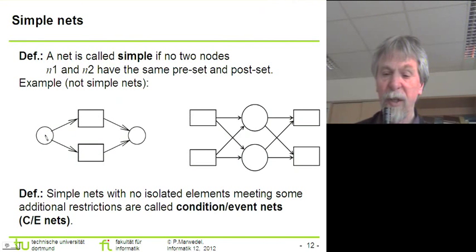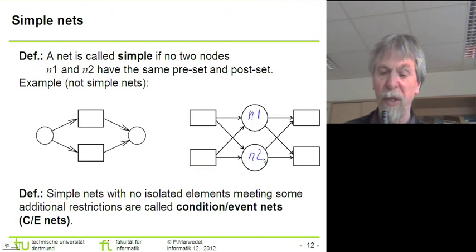It's similar in the right part of our slide over here. Let's assume that these two nodes are the two nodes that we are considering. Again, we have the same pre and post set, and again we have a situation where this part of the net is just making our life more complicated.